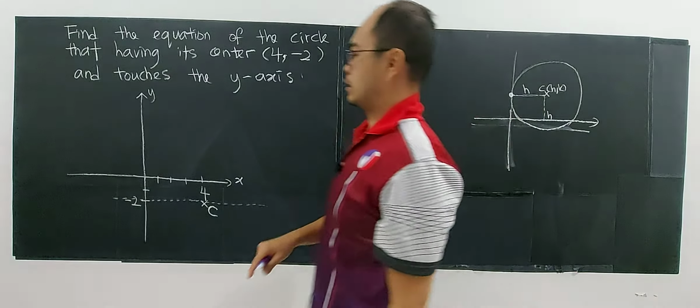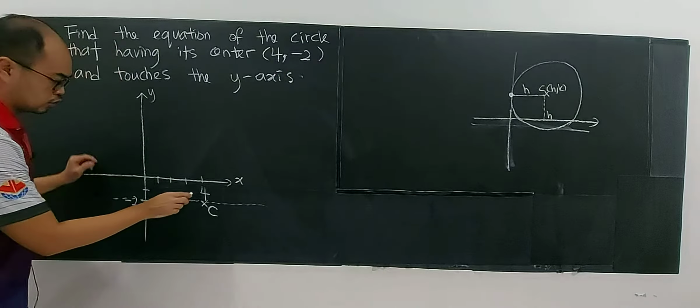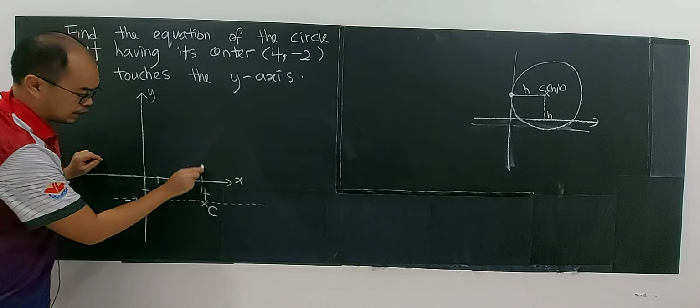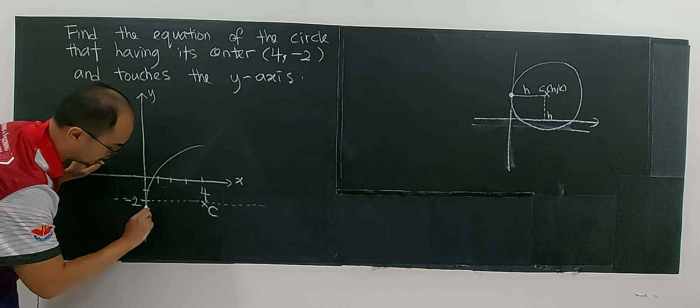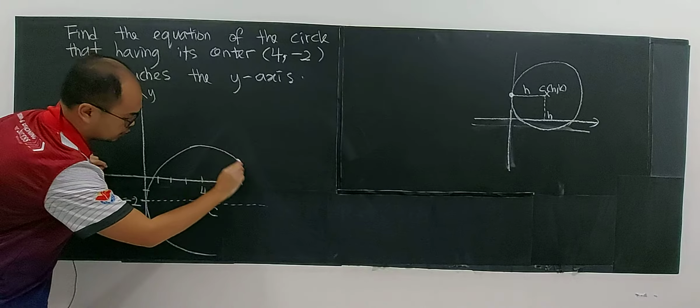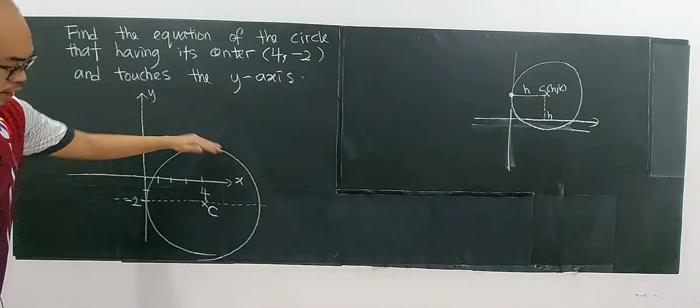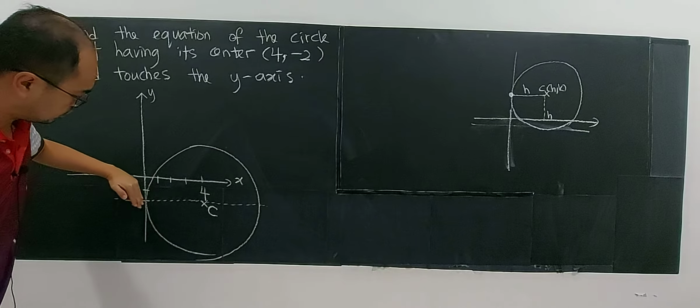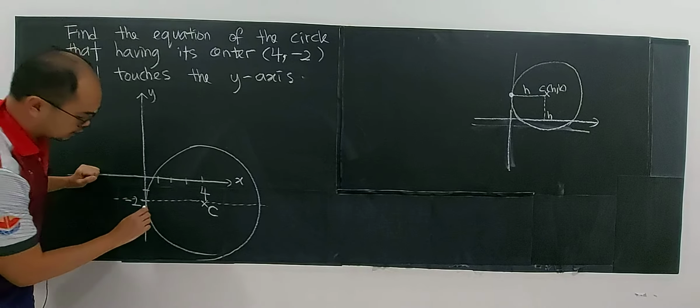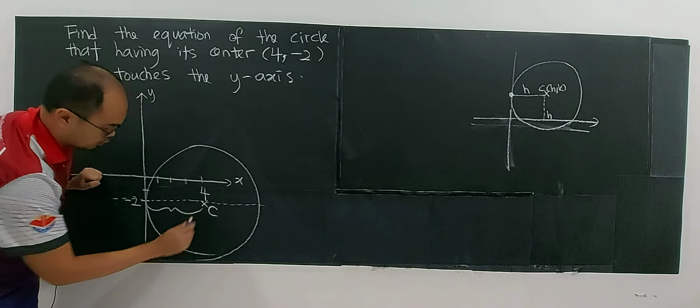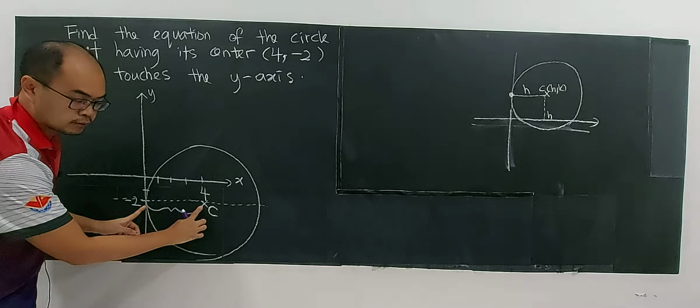For this case, I just draw any circle that touches the y-axis, right? So if they touch the y-axis, this shows that the distance here will be the radius of the circle.